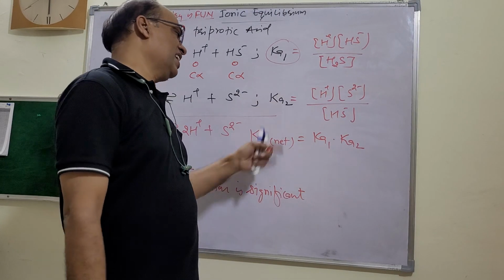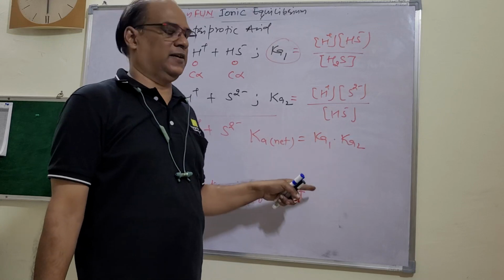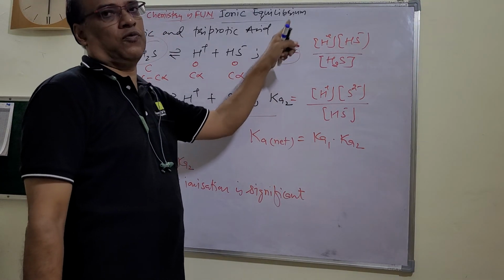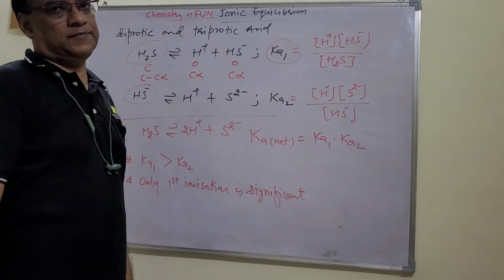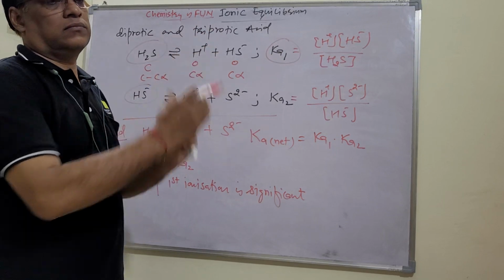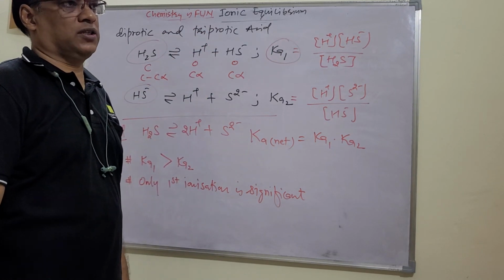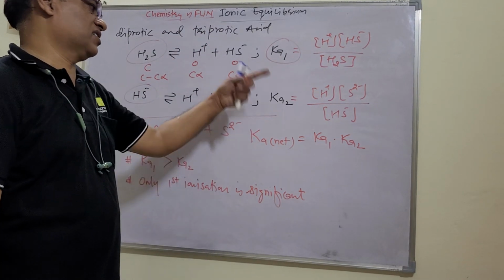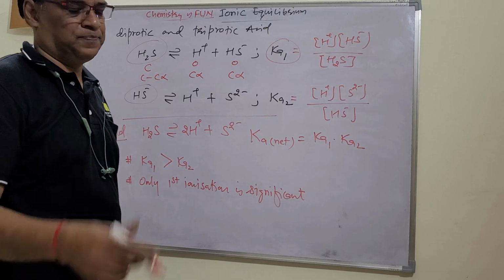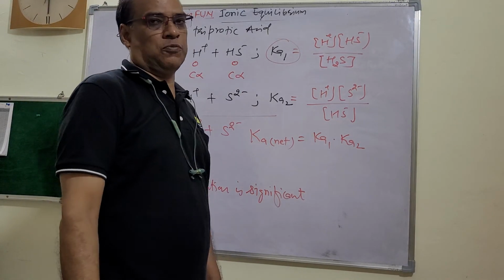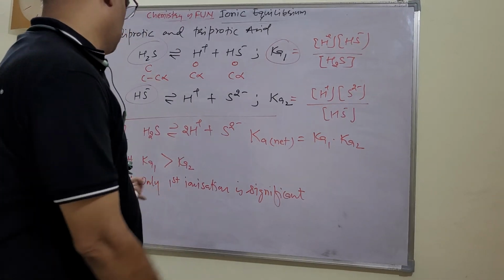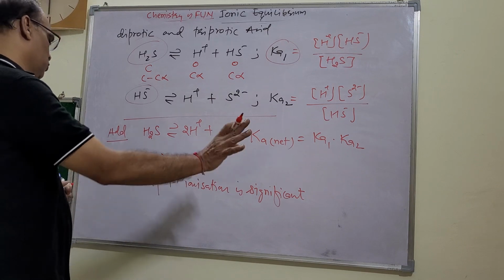The value of K1 will decide whether I should use approximation here or I have to go for quadratic equation. Okay. So by carefully watching the value of K1, you can decide whether we can go for approximation or not. So every time 10 to the power minus 2, 10 to the power minus 3 become risky, and minus 4, minus 5, you can use this approximation, there is no problem.